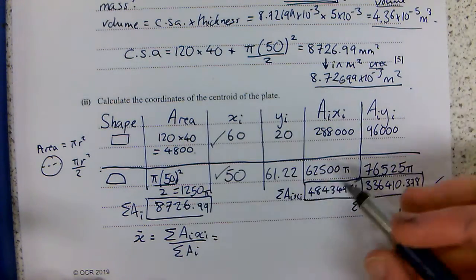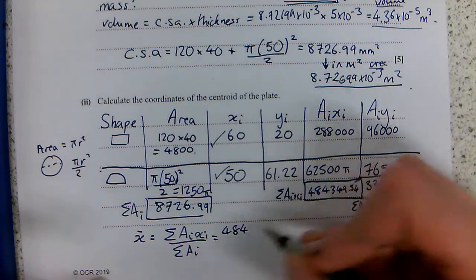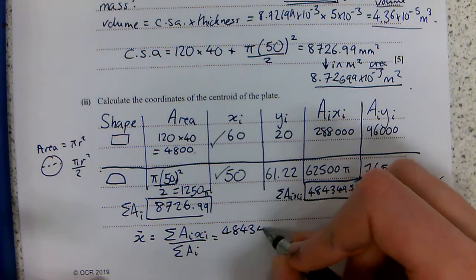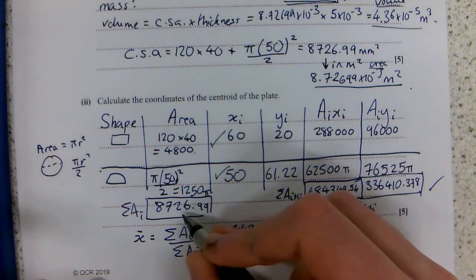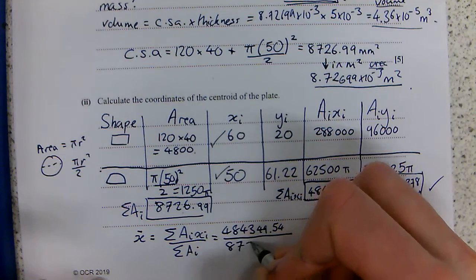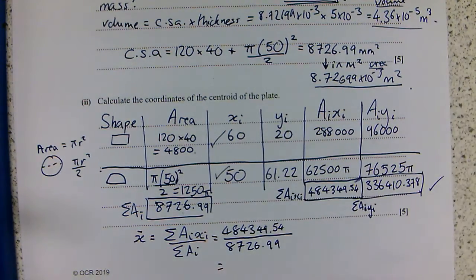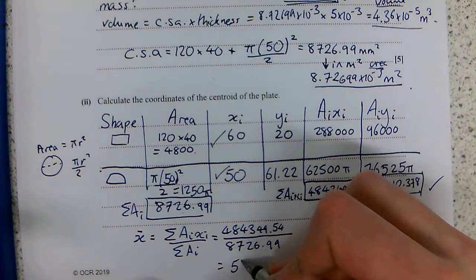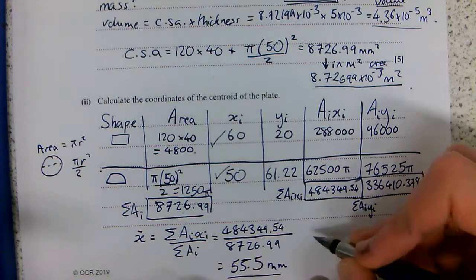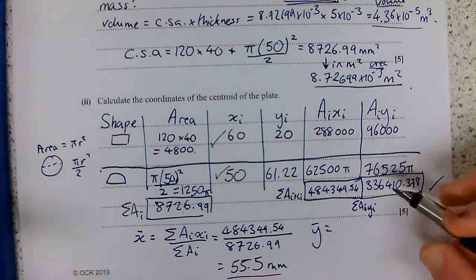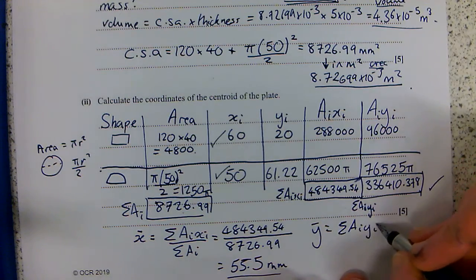So that tells us it is this big number, 484,349.54 divided by the total area, which is going to be 55.5 millimeters.